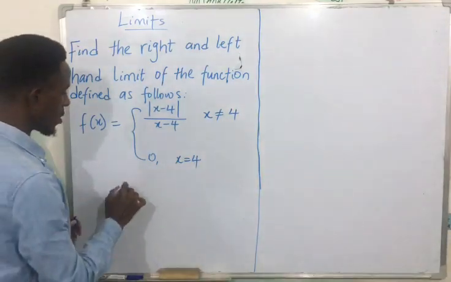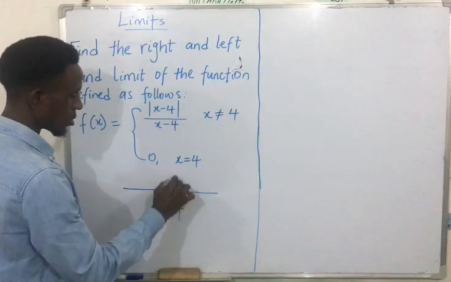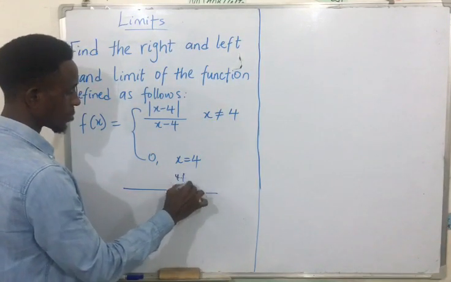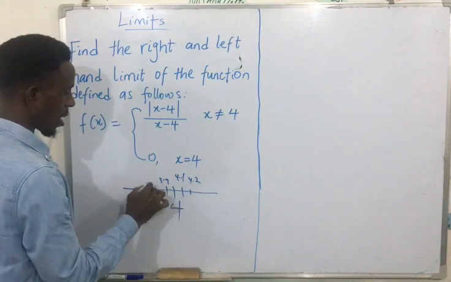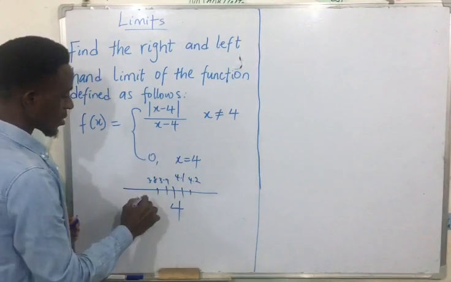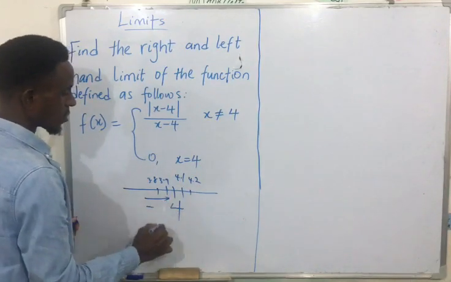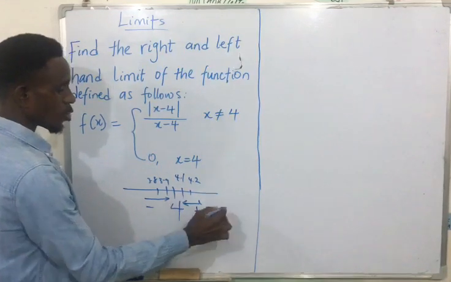Let's have something like this. This is 4, then this point is like 4.1, 4.2, this is like 3.9, 3.8. This is your left hand limit and this is your right hand limit.